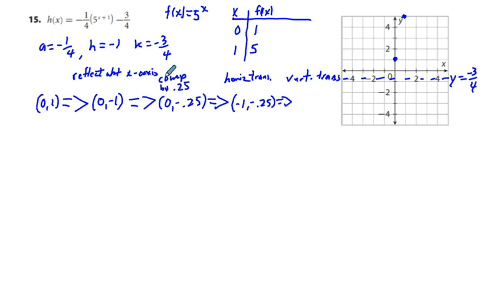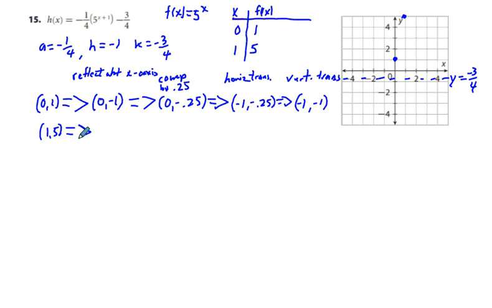This k is negative 3/4. So we add negative 3/4 to negative 0.25. Well, negative 3/4 plus negative 0.25 is going to be negative 1. So there we have it. That's going to be our first transformation.